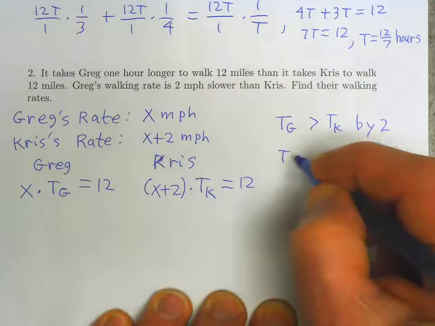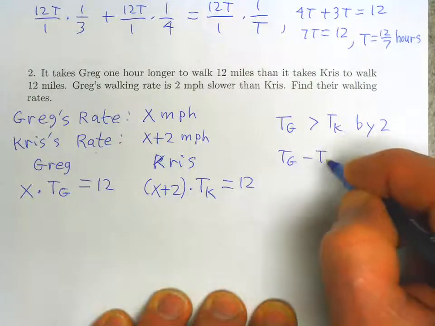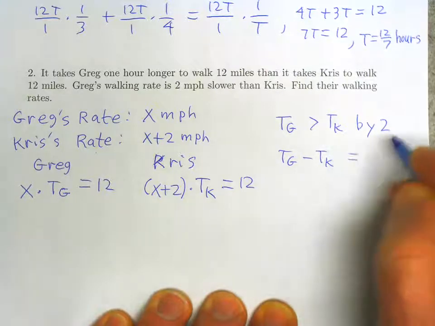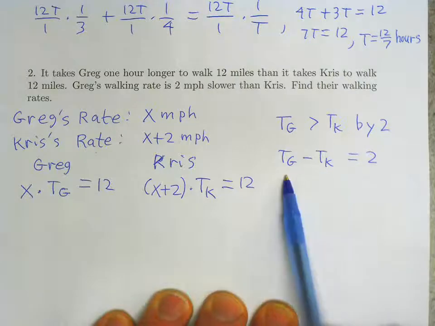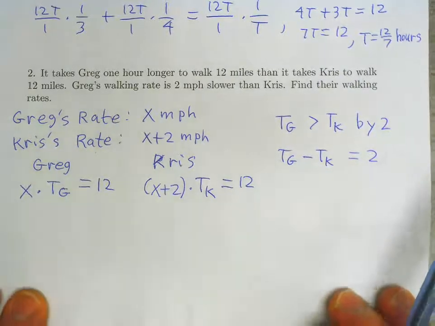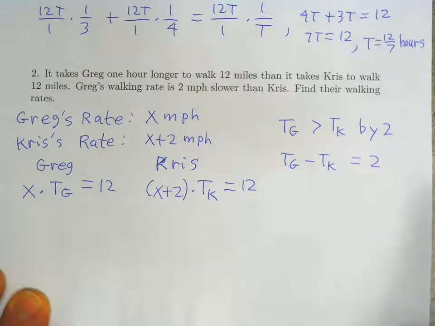So in other words, the larger number, Greg's time, minus the smaller number, Chris's time, is equal to 2. We're told that they differ by 2, so this has to be the equation. Okay, so this sort of tells us what we need to do. We need an equation whose only variable is x.